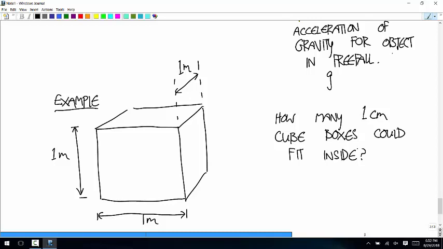Okay, so we're talking about, there's one, there's one, there's one. So you take these little boxes that have side lengths 1 centimeter, and you could fill this box with those. How many of those would fit inside?